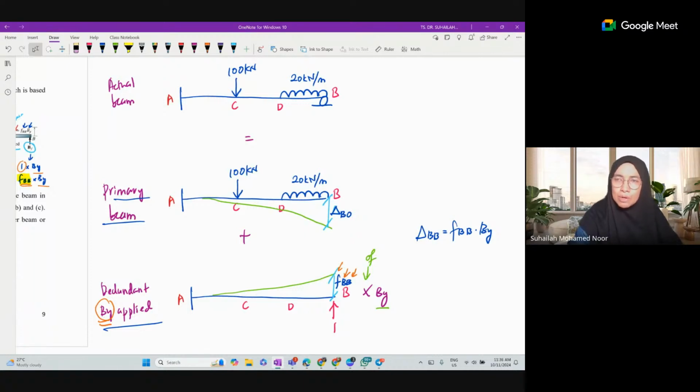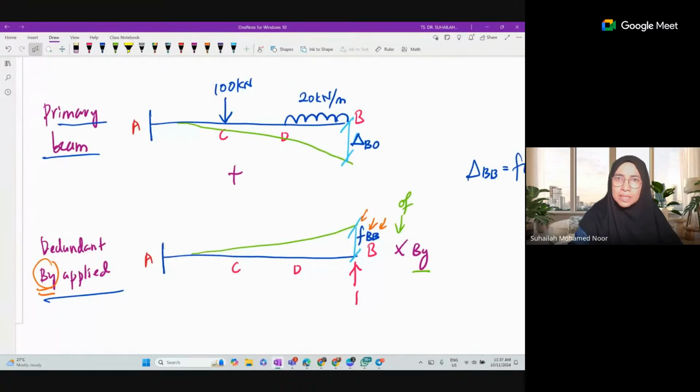Primary beam, the only thing we remove is the roller, the BY, the redundant. And the redundant beam is the cantilever beam subjected to a unit value of BY. So due to a unit value of BY, the delta is marked as FBB. FBB means deflection at position B for the redundant beam.